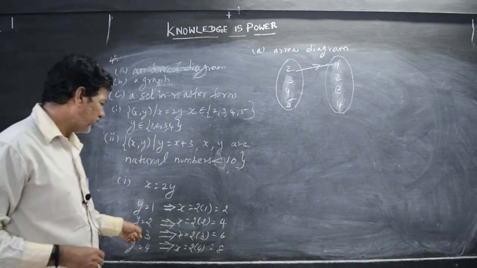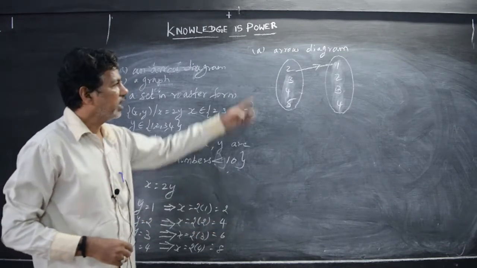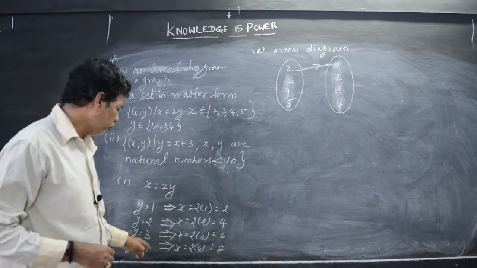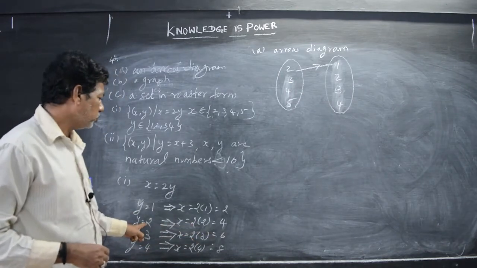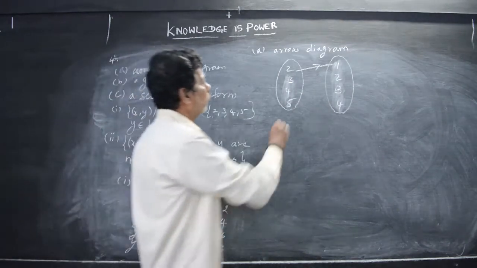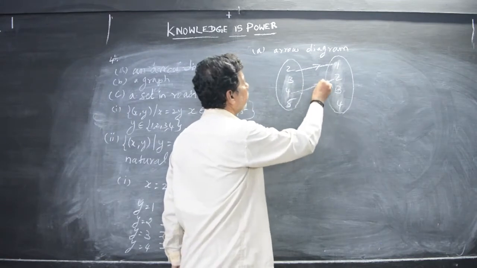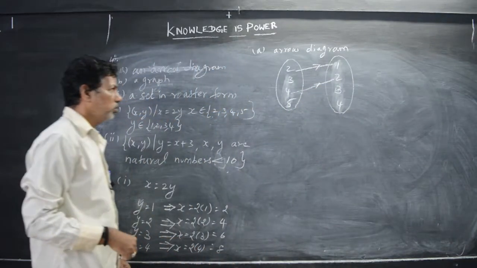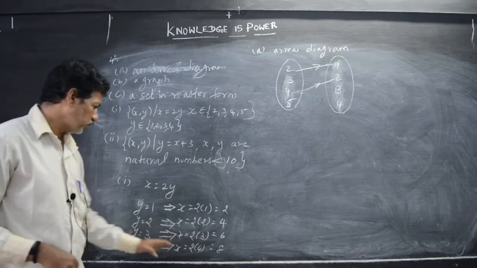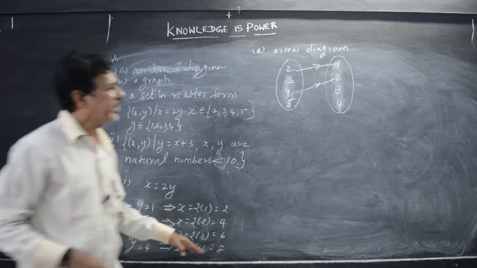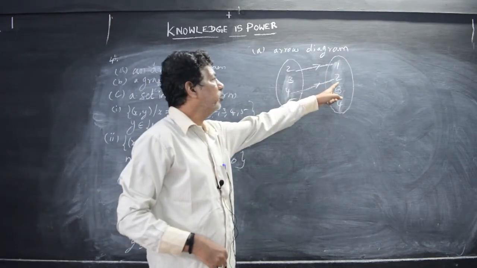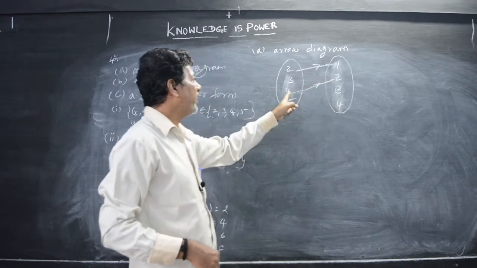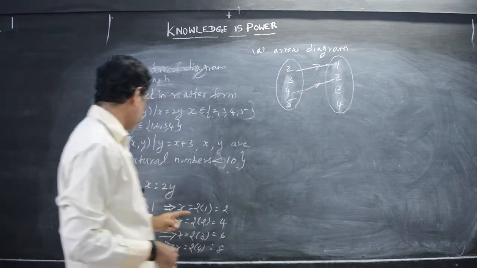If you substitute 3, you get 6, but there is no 6. If you substitute 4, you get 8, and there is no 8 in the x values either. So 2 maps to 1, and 4 maps to 2. Okay, if y value is 2, you are getting x as 4, x as 4.